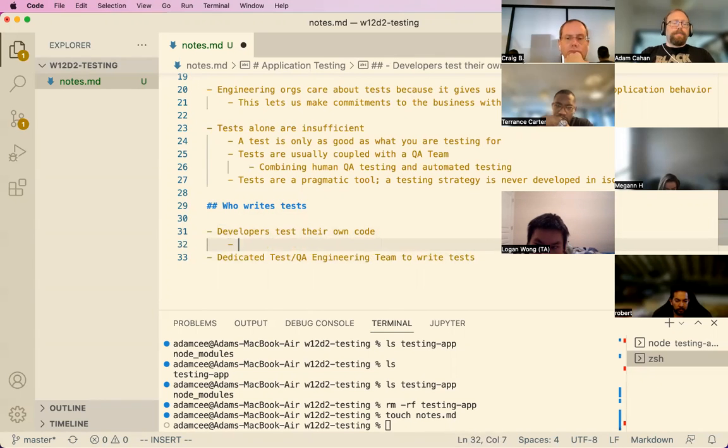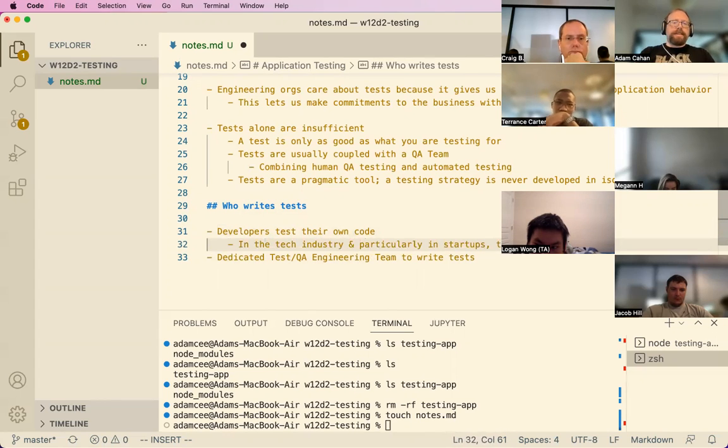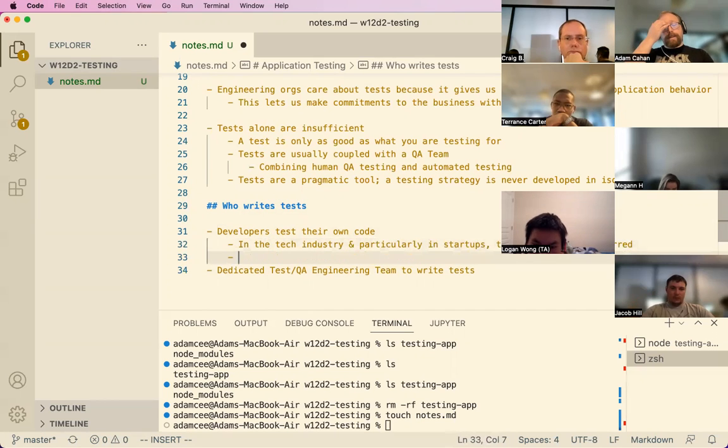I would say within the tech industry, and particularly in startups, developers testing their own code is preferred a bit. I tend to think this has been my experience, and I think there are a lot of positives.